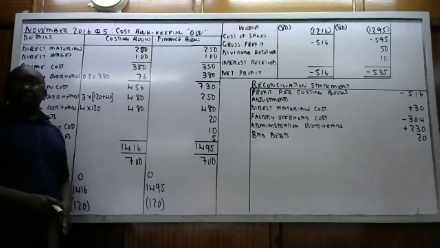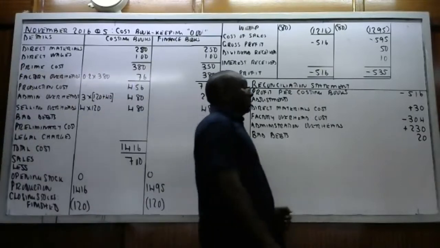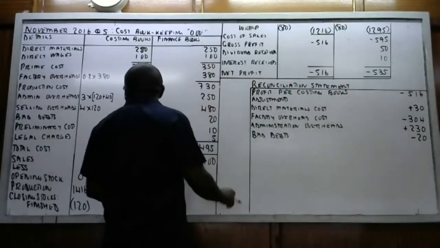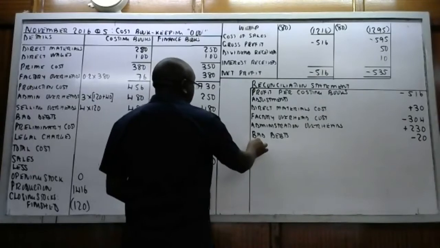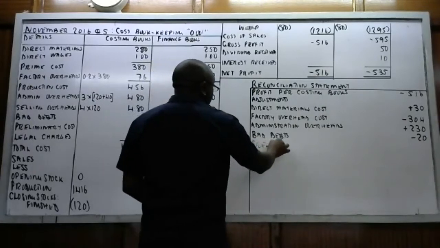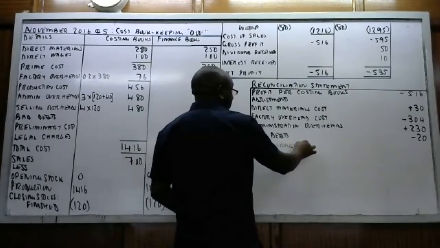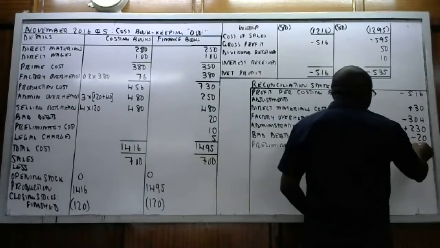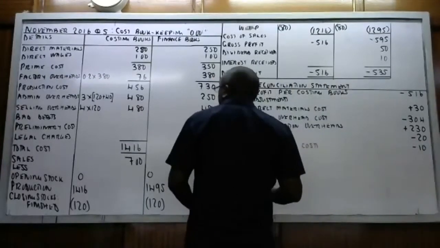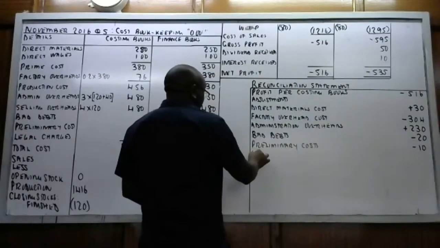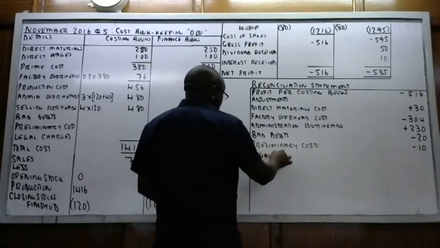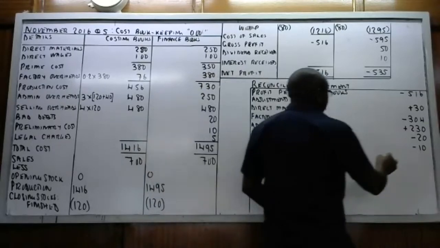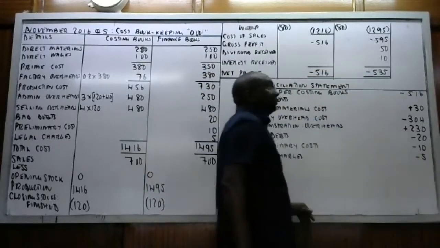So we need to charge, so we subtract because it's an expense. The same thing with preliminary costs, that is minus 10. And the same thing to do with legal charges, hata hiyo ni ya charge, minus 5.